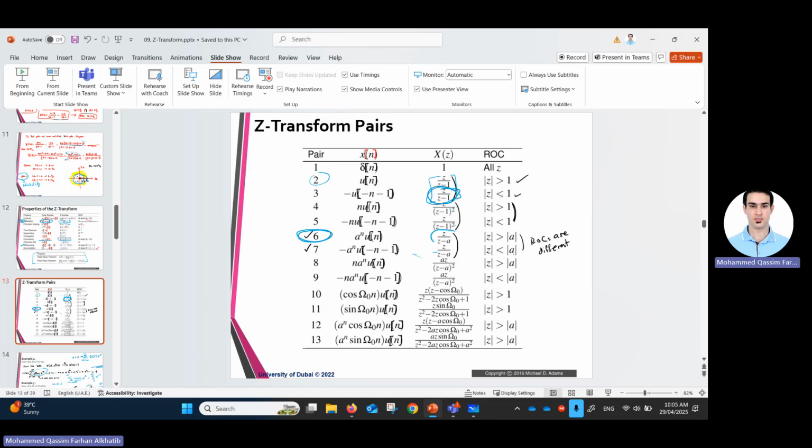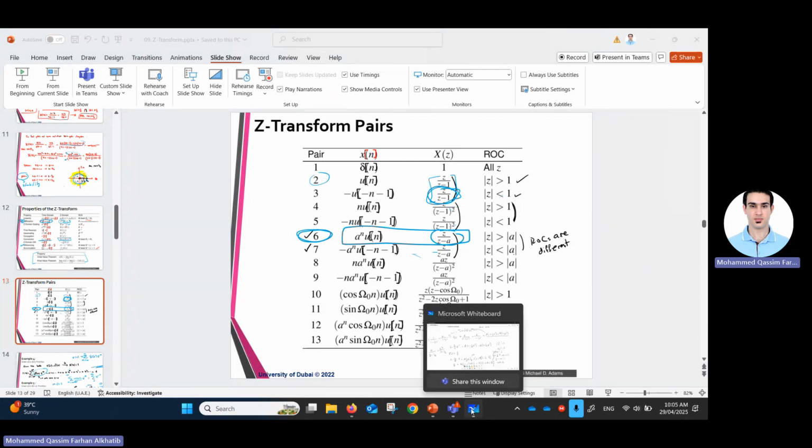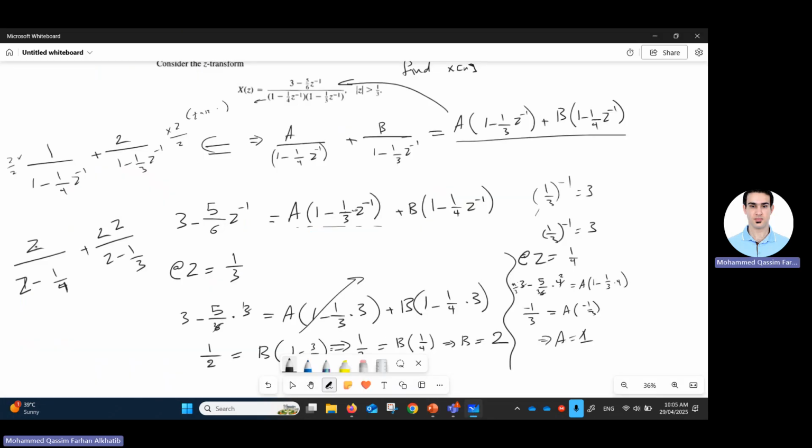This is the one. So I have z over z minus a, z over z minus a. So the first one is (1/4) to the power n, u of n, plus 2 times (1/3) to the power n, u of n. This is the final answer.